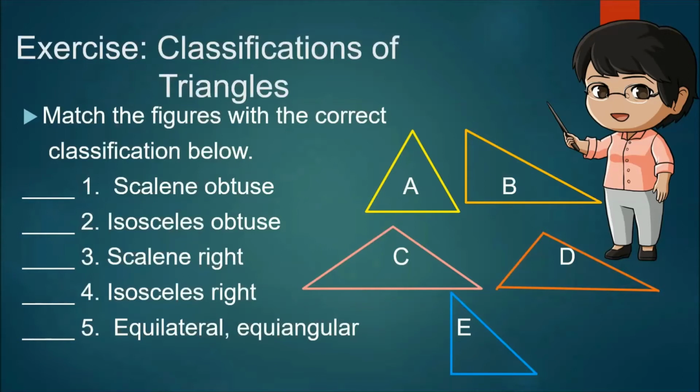So it is letter D. Number 2, isosceles obtuse triangle, letter C. Number 3, scalene right triangle, letter B. And number 4, isosceles right triangle, letter E. And number 5, equilateral equiangular triangle, letter A.